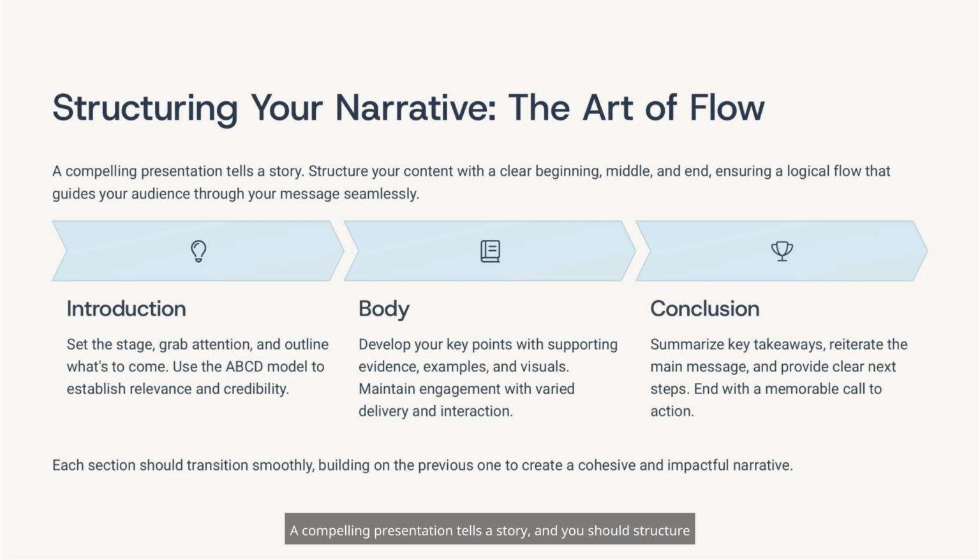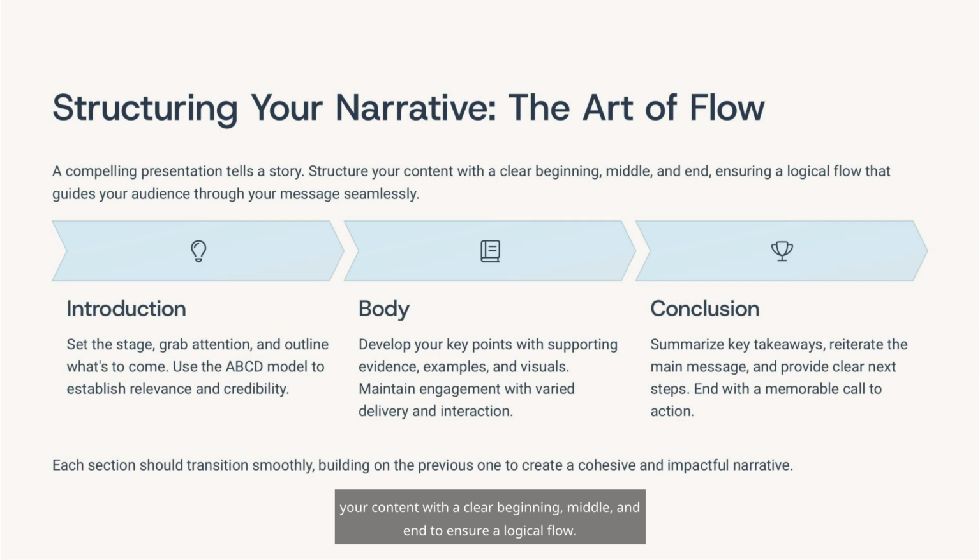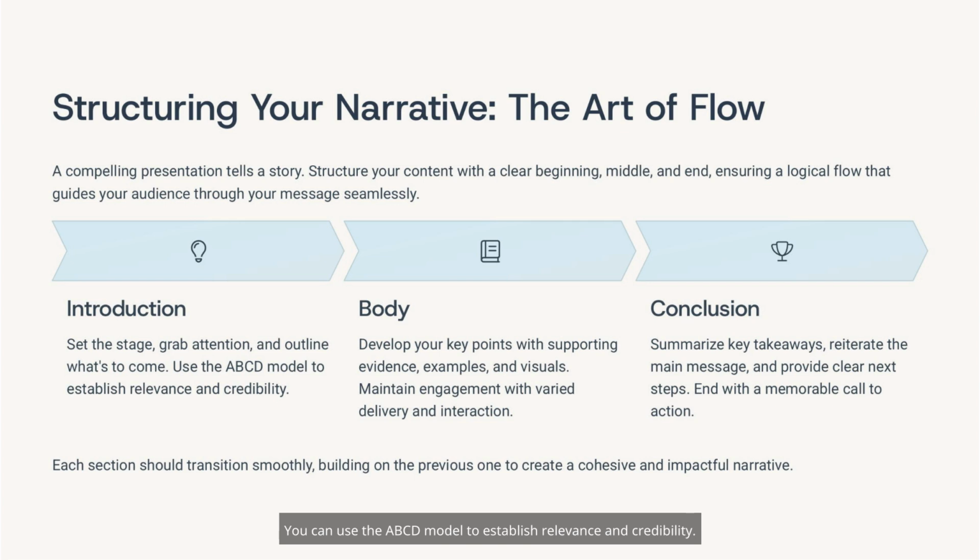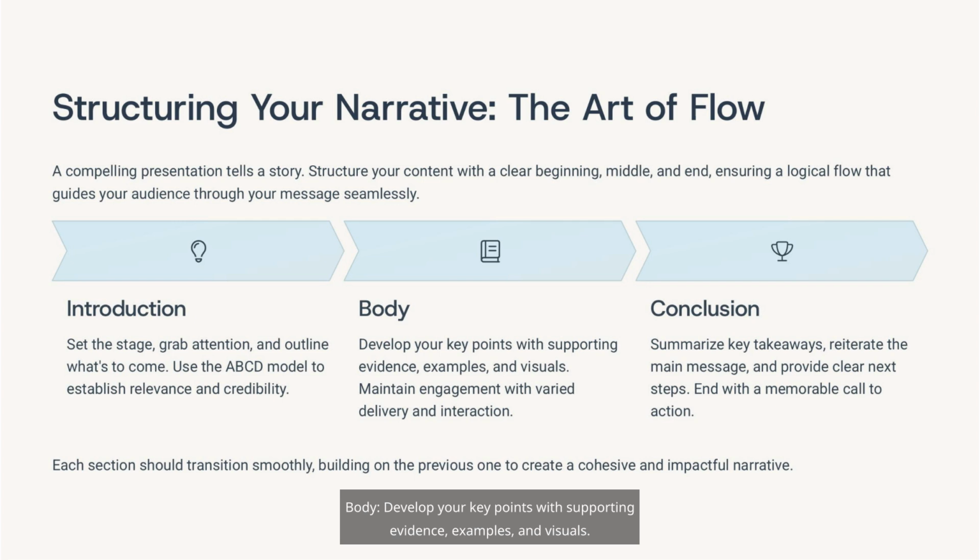A compelling presentation tells a story, and you should structure your content with a clear beginning, middle, and end to ensure a logical flow. Introduction. Set the stage, grab attention, and outline what is to come. You can use the ABCD model to establish relevance and credibility. Body.